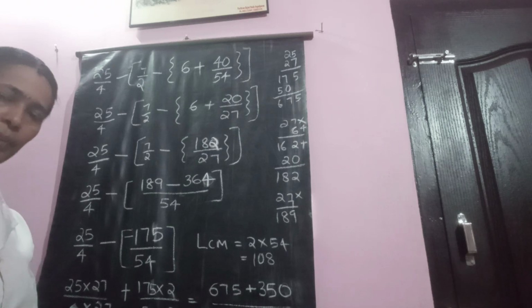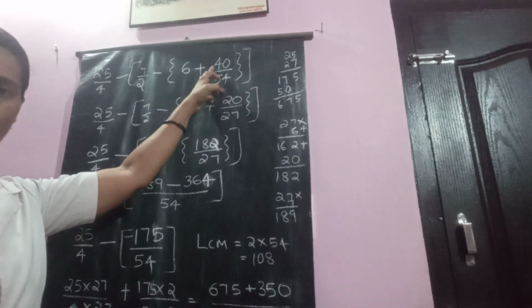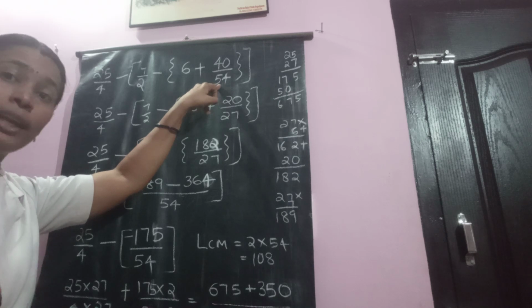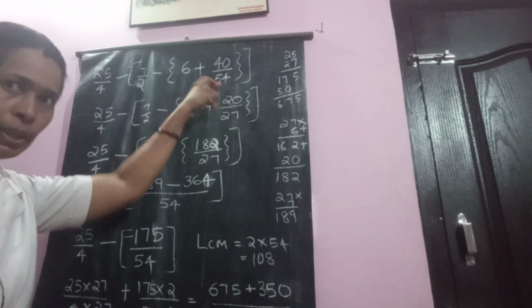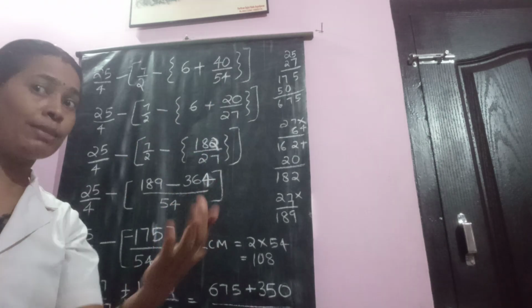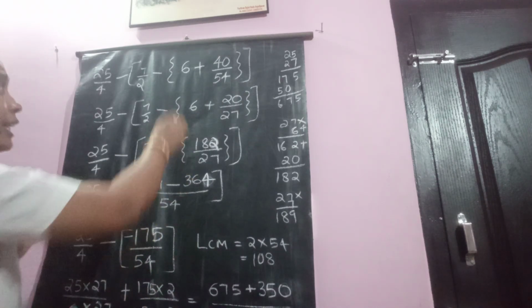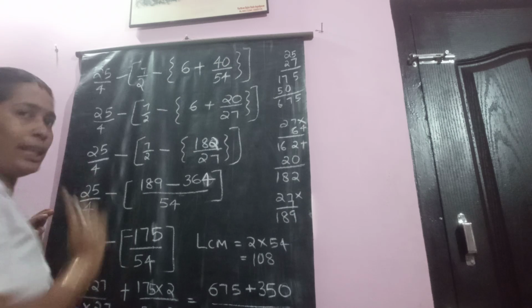So after multiplication 10 into 4 is 40. 9 into 2 into 3 is 54. Is it clear? Middle 3 terms teacher multiplied. First and last terms teacher added. That's why teacher got 6 and 40 by 54.